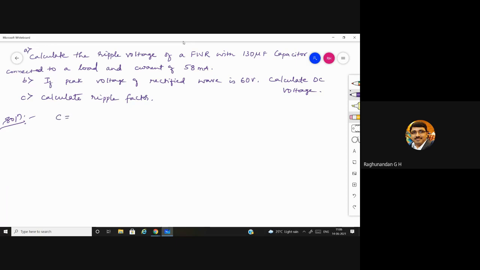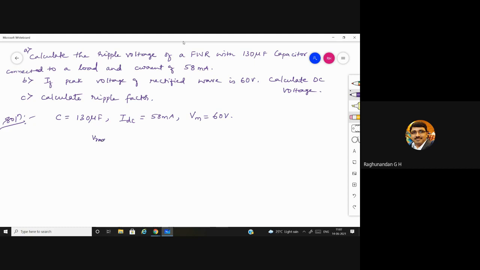Here the given thing is the capacitance, 130 microfarad, and the current, that is IDC, which is 58 milliamps, and the peak voltage of the rectified wave, that is Vm, is given. So we need to find the ripple voltage, that is VRMS.